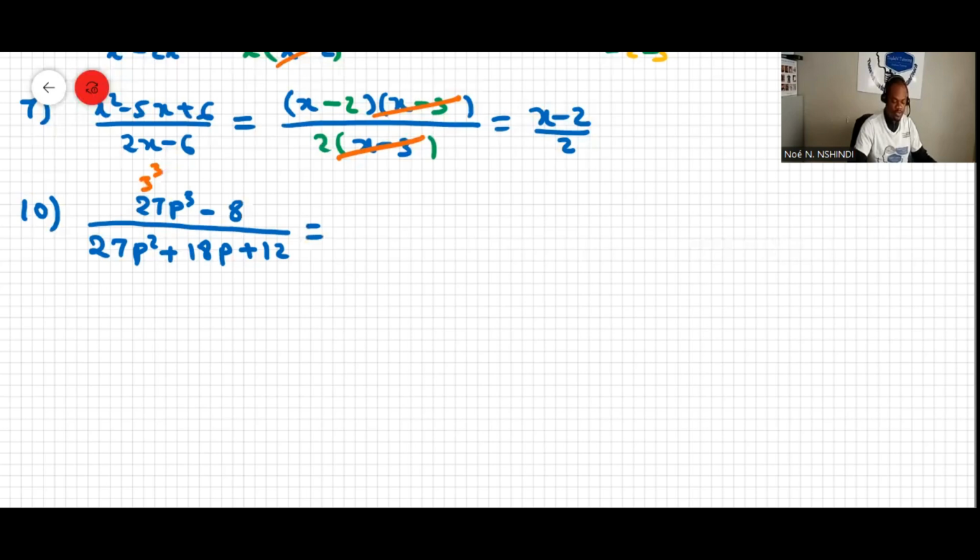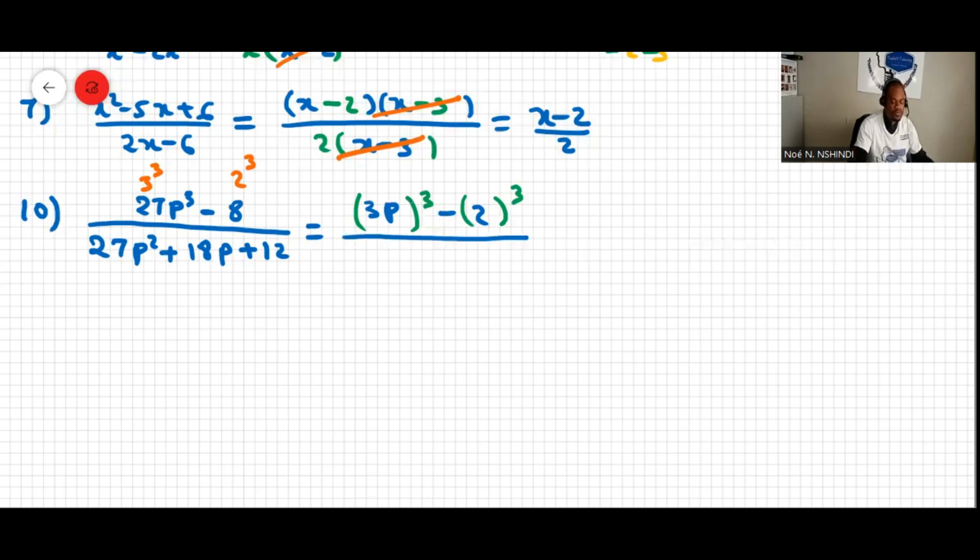So we can write 3p, to the power of 3, minus 8, which is 2 to the power of 3, minus 2 to the power of 3. So we have a difference of cubes here.